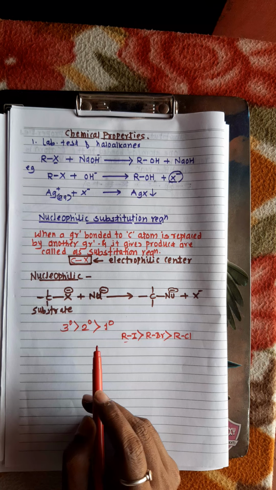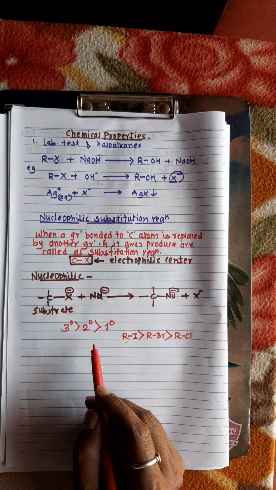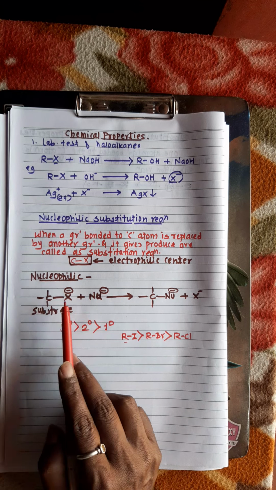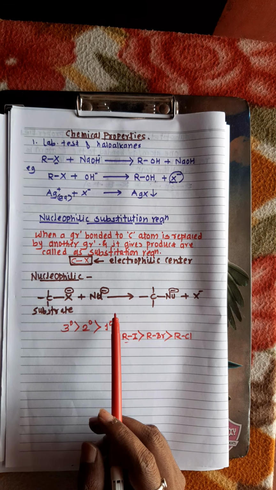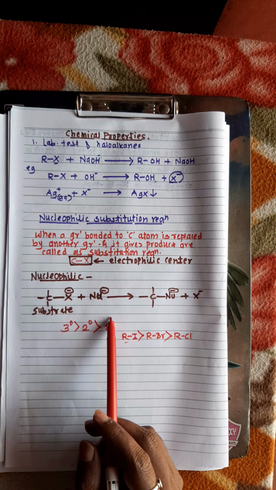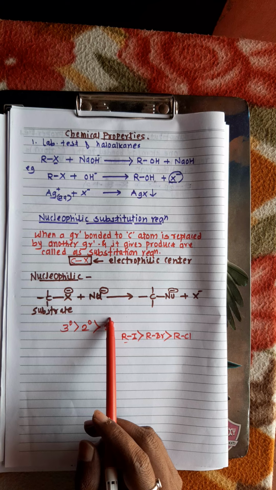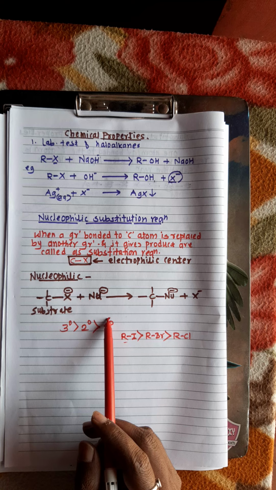For this nucleophilic substitution reaction, there are various examples given in the book. Alkyl halide when boiled with NaOH or KOH gives an alcohol. When alkyl halide is treated with sodium alkoxide, it gives ether. When alkyl halide is treated with silver salt of a monocarboxylic acid, it gives ester.